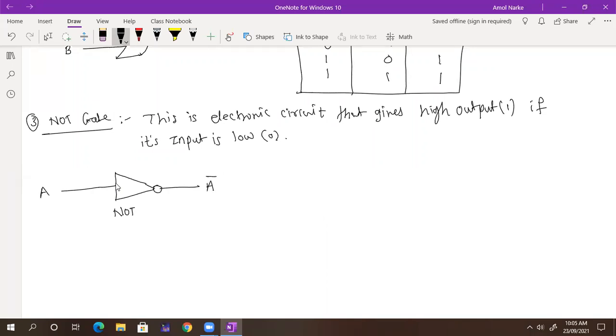Suppose I have my tube light here, and this is my current going to the tube light. If the light is on, I have my electricity, and the input is high, suppose 1.